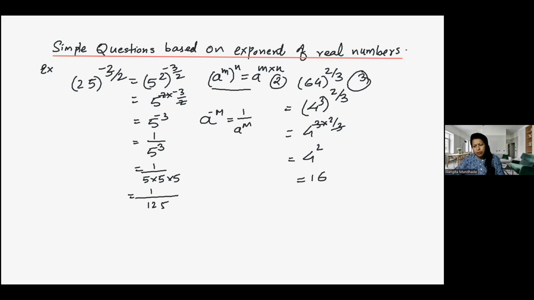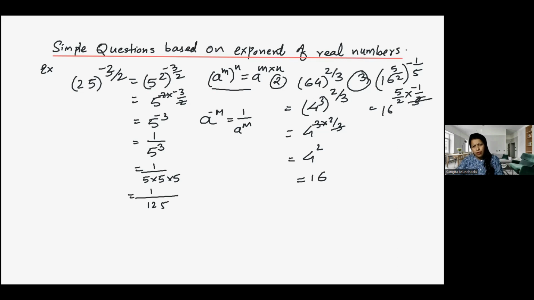Now, next example, 16 raised to power 5 by 2, all raised to power minus 1 by 5. Now, 16 raised to power 5 by 2 into minus 1 by 5. Here we use the law a raised to power m raised to power n is equal to a raised to power m into n.